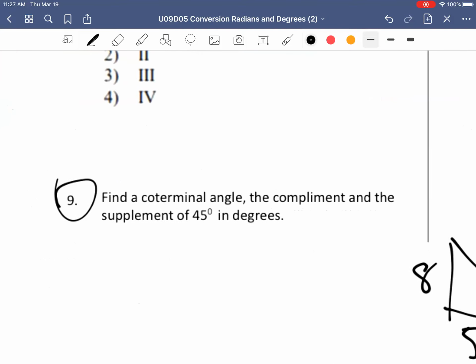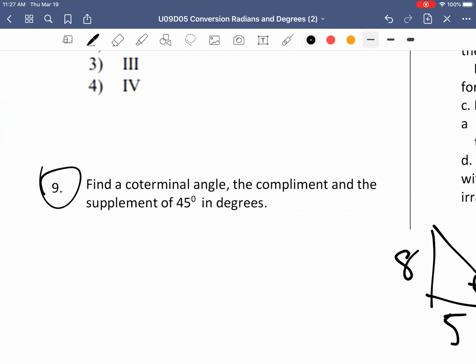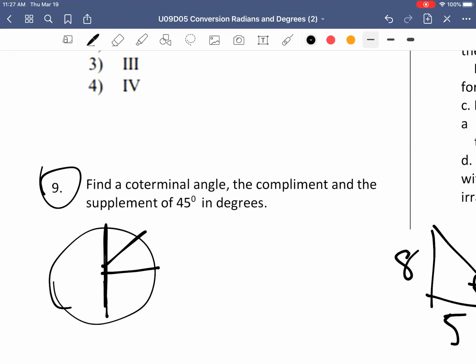All right, let's take a look at problem 9. You're always welcome to pause the video or go back or make a note of a question you want to ask me. Number 9 says, find a coterminal angle, the complement, and the supplement of 45 degrees. So 45 degrees on the circle is approximately here. This is 90, and that's 180.